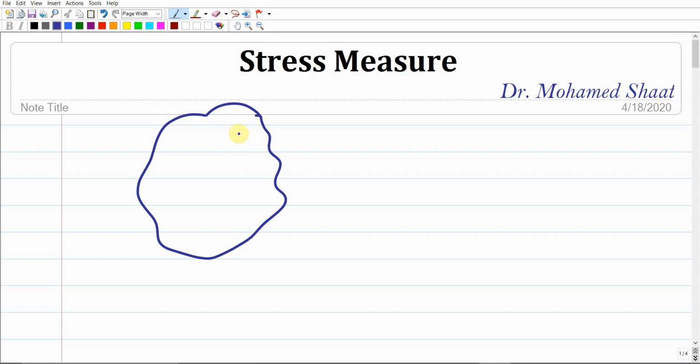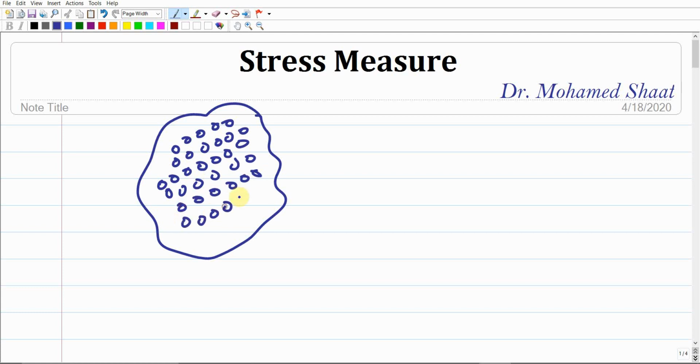We defined that the continuum consists of so many particles located inside the core of the continuum itself, while there are some other particles that are distributed over the boundary, or in other words, over the surface.